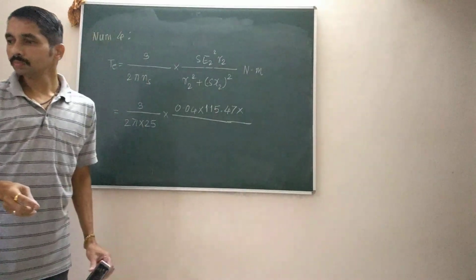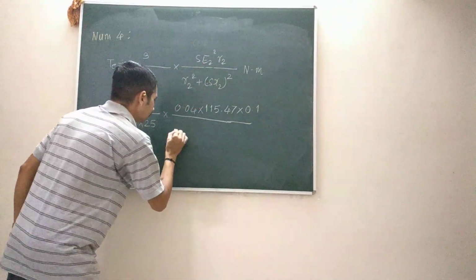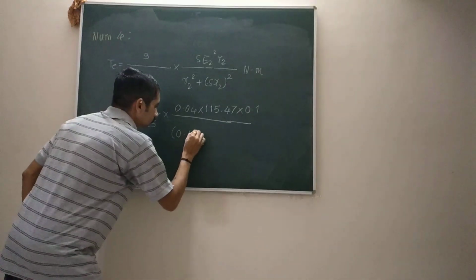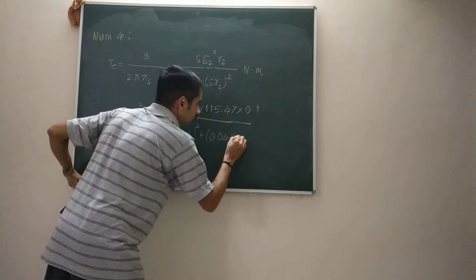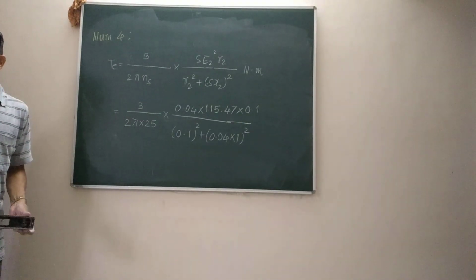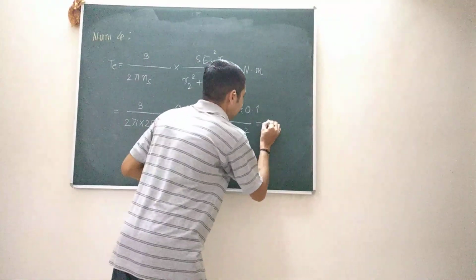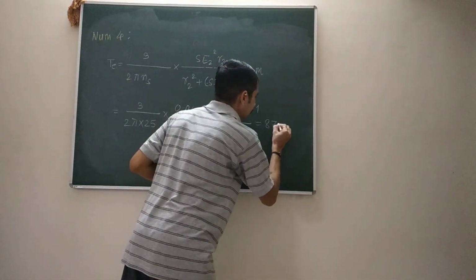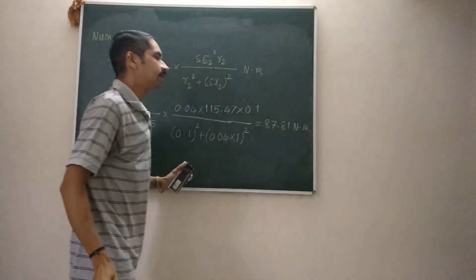Rotor resistance per phase is 0.1, divided by 0.1 square plus (0.04 into 1) whole bracket square. If I substitute the values, I will get the answer as 87.81 Newton meter.